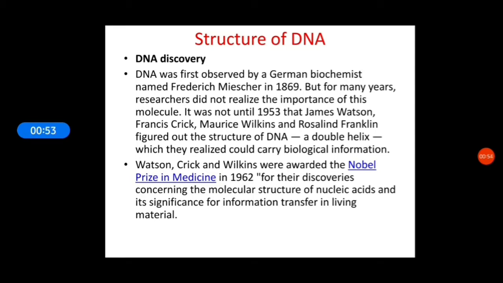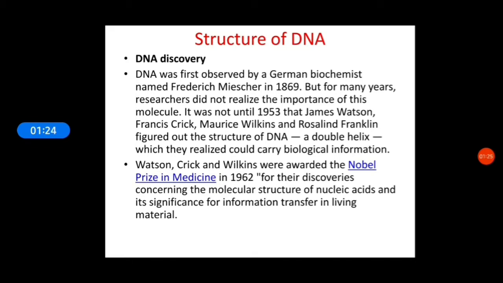But for many years, researchers did not realize the importance of this molecule. It was not until 1953 that James Watson, Francis Crick, Maurice Wilkins, and Rosalind Franklin figured out the structure of DNA, that is, a double helical structure, which they realized could carry the biological information.